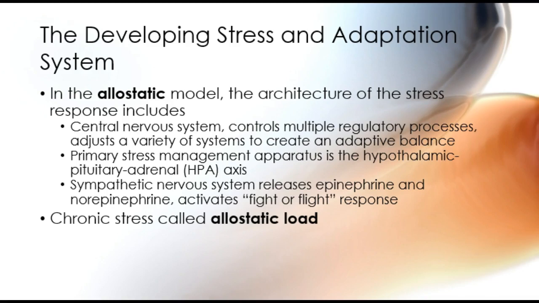A more intricate explanation of the stress process is called allostasis. What happens is you have this central nervous system that controls multiple interacting regulatory processes, and it maintains this balance through what's called adaptation.